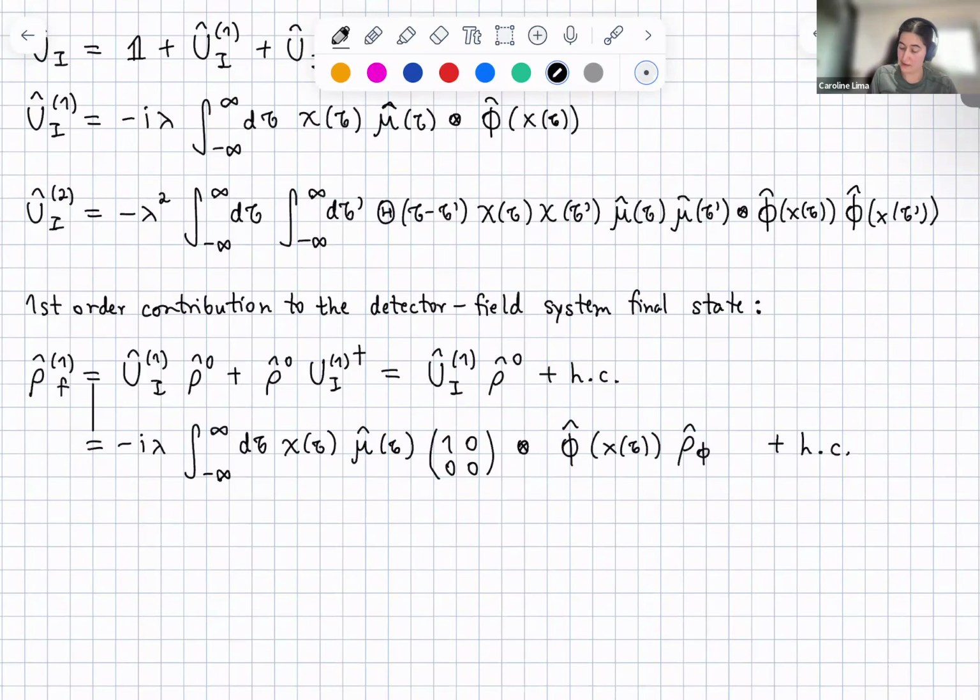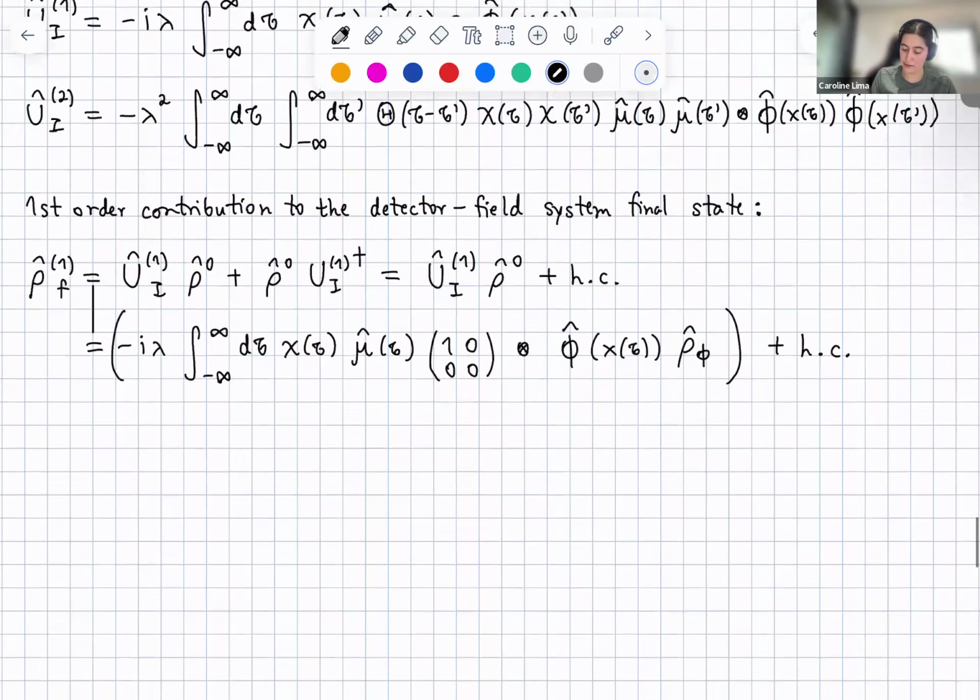And then this plus the Hermitian conjugate, okay? So maybe I'll just put this parenthesis so that it's clear that it's the Hermitian conjugate of all of this.